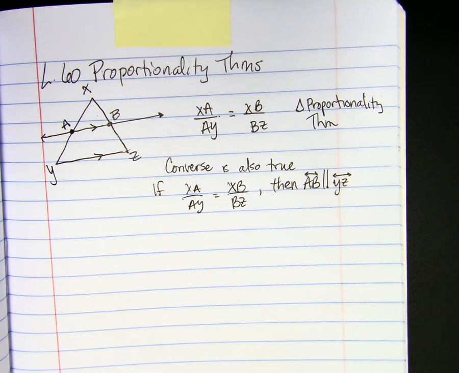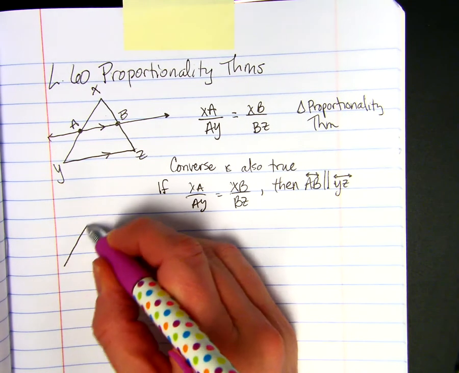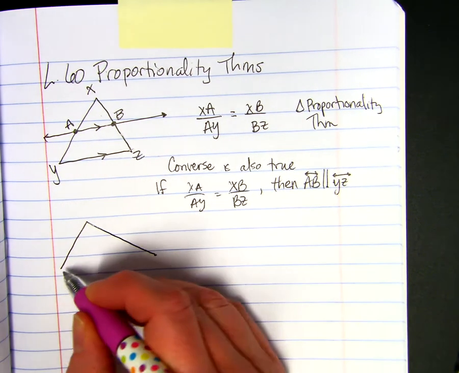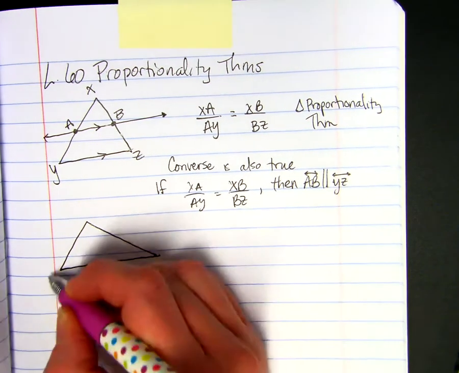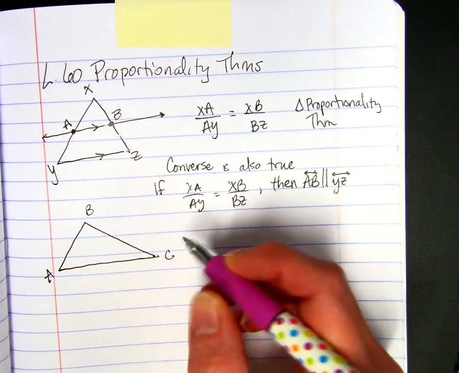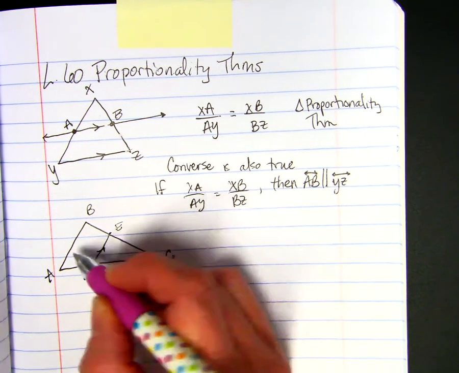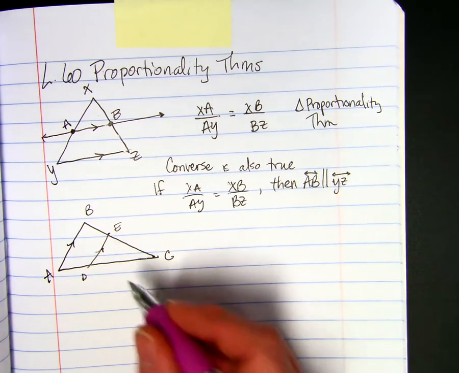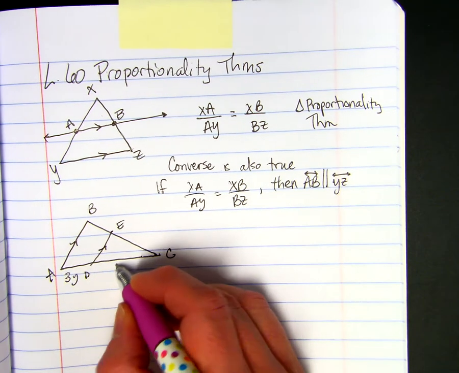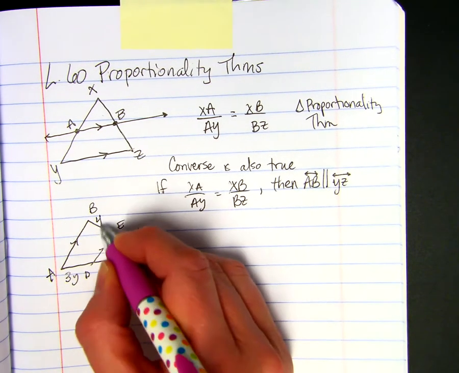So let's, I have a couple of examples here. So we're going to draw a triangle ABC. And we have DE parallel to AB. This one's 3y, this one's 6, that one's 4, and that's y plus 1.